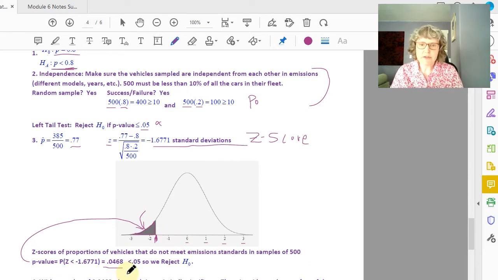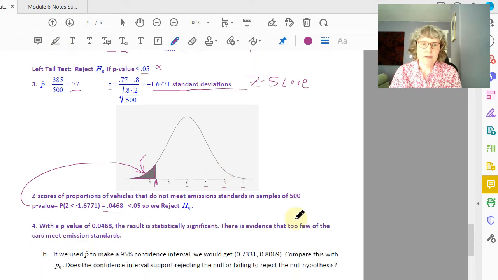So it is actually less than 0.05. So if the null really was true, it's fairly unlikely to get a sample where we have 77% that meet the standards. So we reject the null and we have evidence for the alternate.